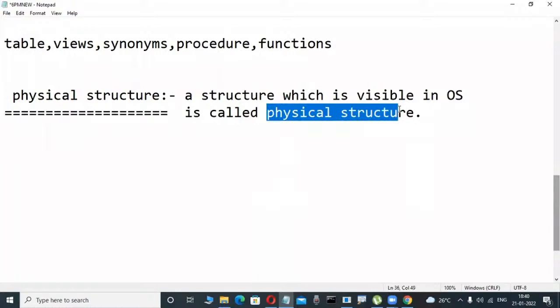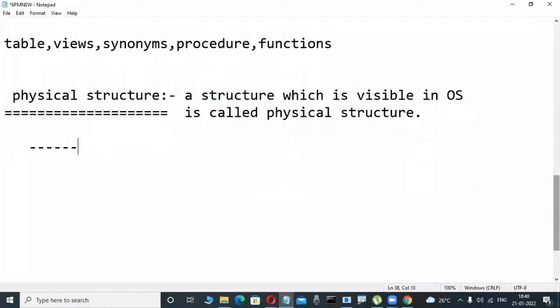But the physical structure, you are not working in it, I am not working in it. Some different type of persons are working there. Who are they? DBA, database administrator. In a project, some other type of persons are there in a database.